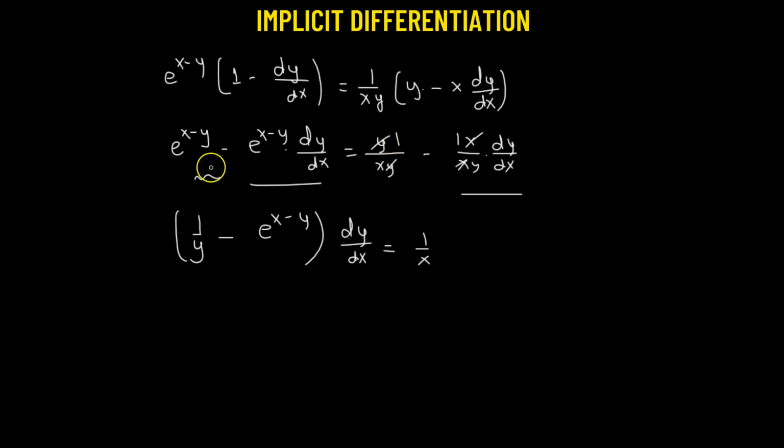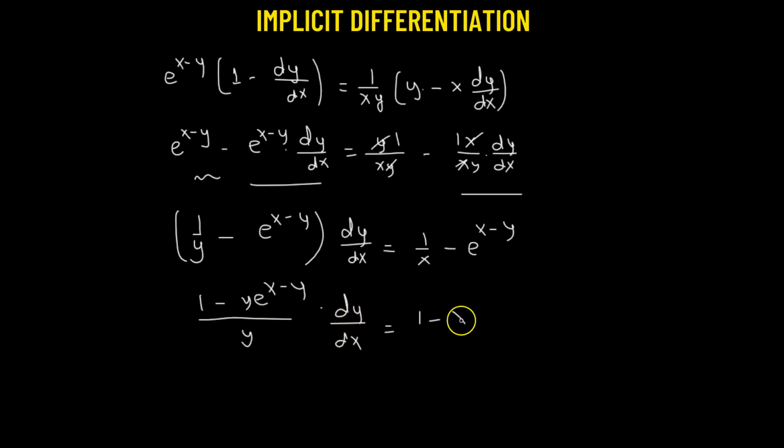So we'll transpose e raised to the power of x minus y to the right hand side. Now we get y multiplied by, we have y in the denominator. When you combine the two terms, we have 1 minus y times e raised to the power of x minus y times the derivative of y with respect to x equals 1 minus x times e raised to the power of x minus y divided by x.